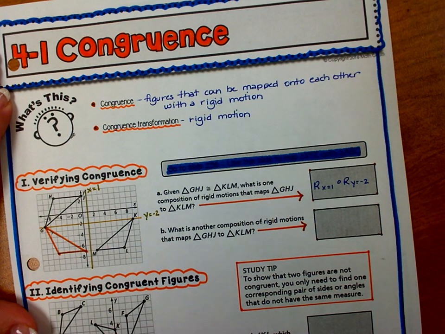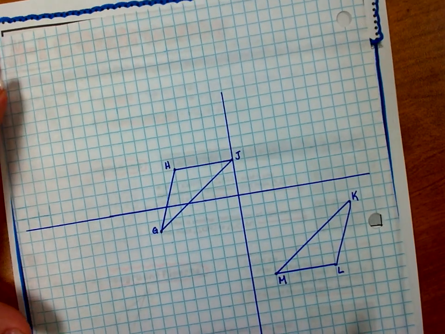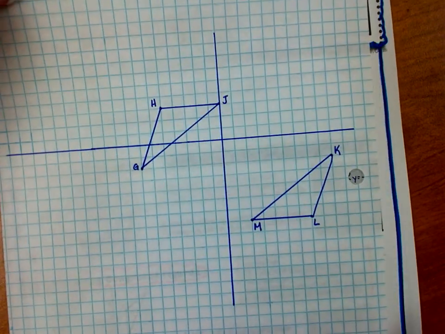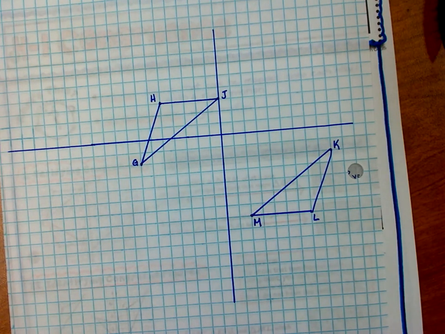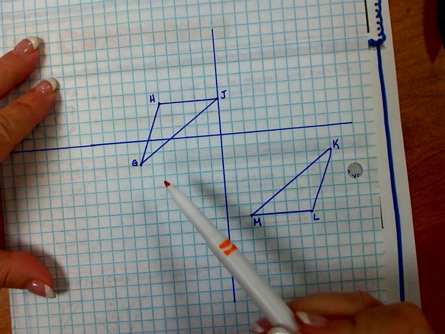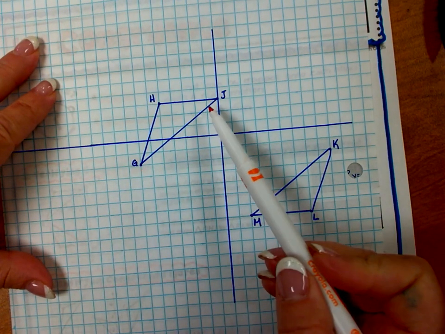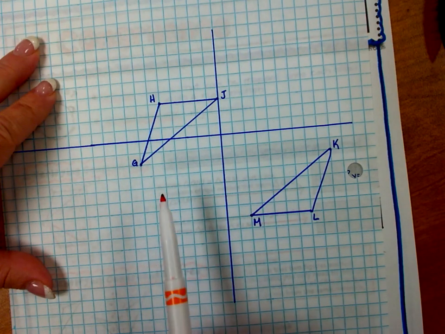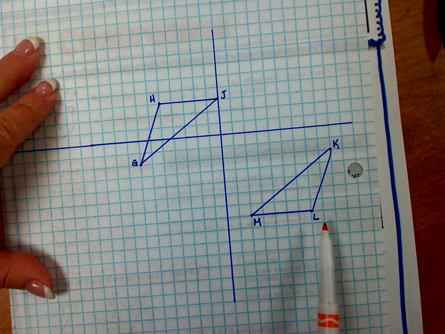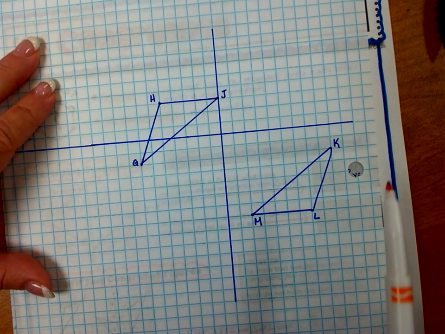Okay, so let's take a look at another graph. Let's make it a little bit bigger so that we can have a little more room to space it out. Okay, if we are looking at this one right here, we could rotate GHJ around 180 degrees and then see how it compares to triangle KLM.